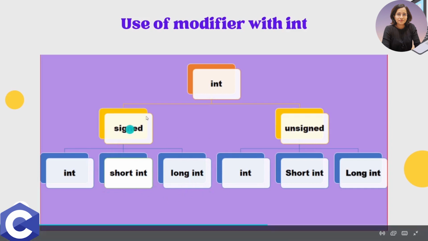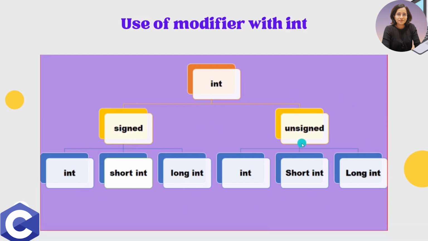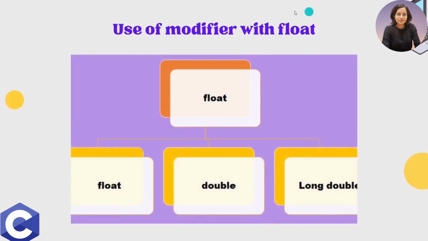So we can add sign to three of these integers to fix our need. Then for these three types of integer, even we can add unsigned. Integer take 2 bytes of memory and it can store values from minus 32,768 to 32,767.